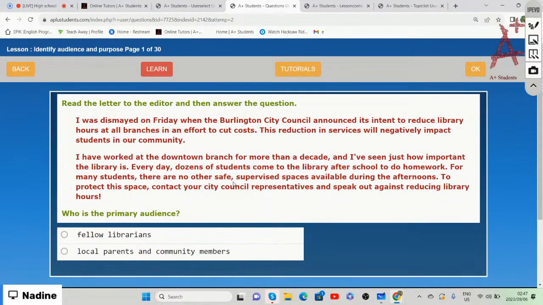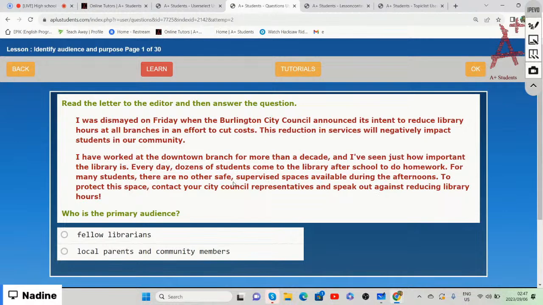Every day, dozens of students come to the library after school to do homework. For many students, there are no other safe supervised spaces available during the afternoons. To protect the space, contact your city council representatives and speak out against reducing library hours.